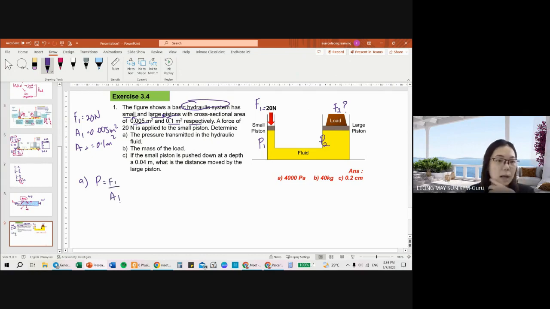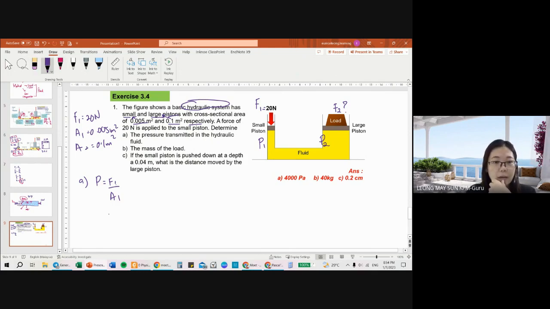Now, some students will ask, teacher, if I don't write the 1 over there, I write P equals to F over A, can or cannot? My answer is can, but try not to, because there's two areas that we're talking about. So that's the reason why I always use the subscript and I label it when I do my explanation.